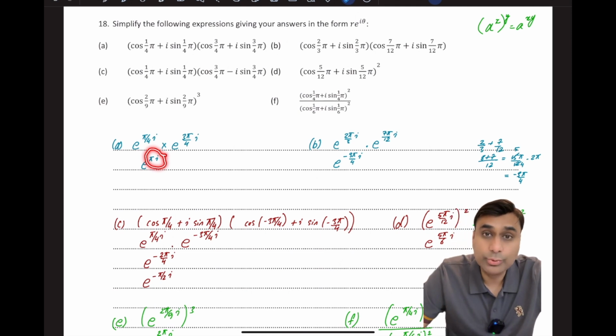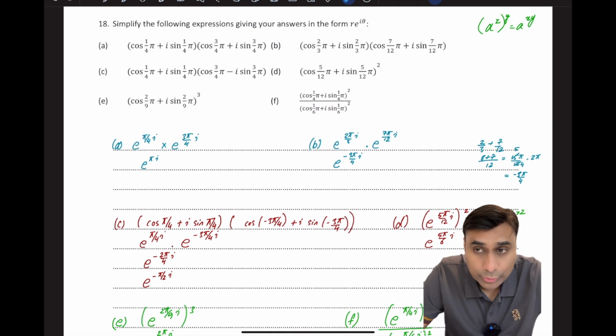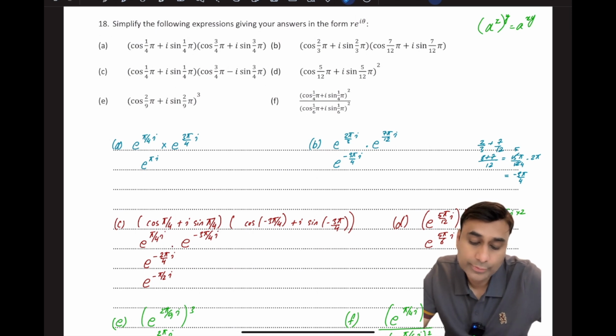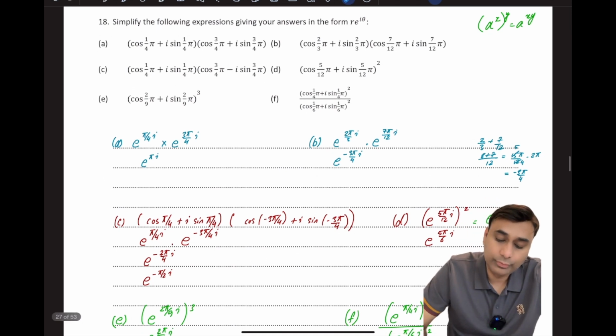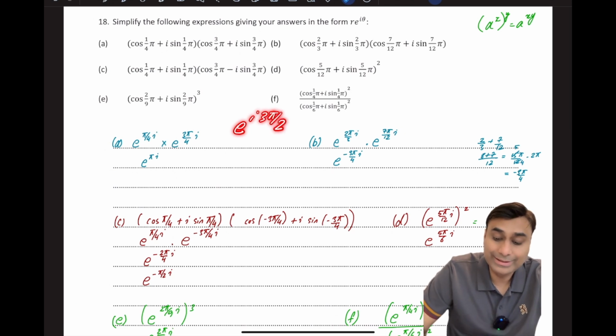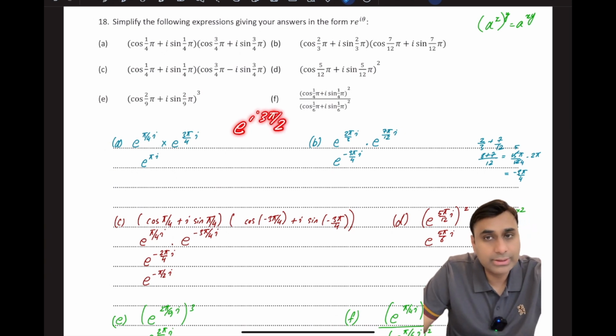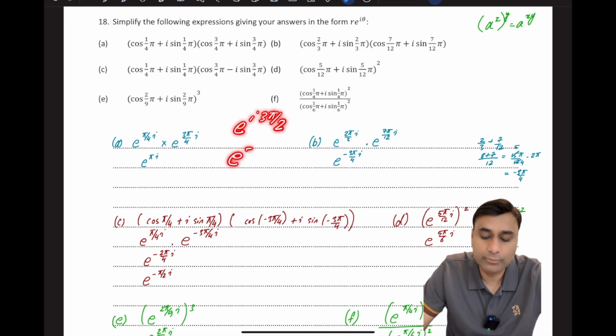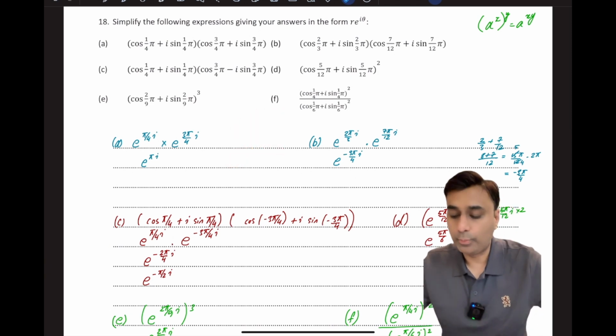In that case you can always subtract or add 2 pi, as many times as you want, to bring it within the interval. So if you got your answer as e power iota 3 pi by 2 and you know that it exceeds pi, in just one step subtract 2 pi from it and you will get your answer as e power minus iota pi by 2. So just keep an eye on that one thing.